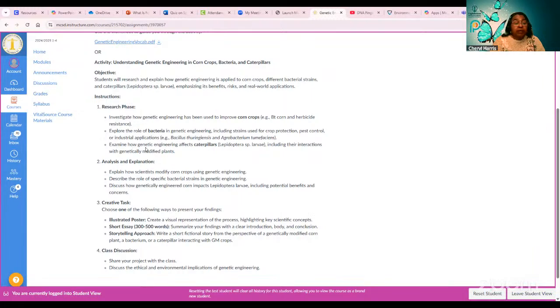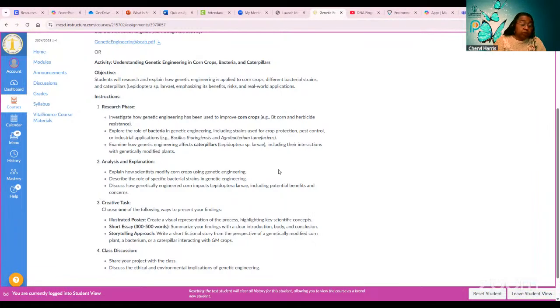Then examine how genetic engineering affects the caterpillars, and this is the scientific name of our caterpillar, including the interactions with genetically modified plants. And that goes with discuss how genetically engineered corn impacts our caterpillar, involving potential benefits and concerns.